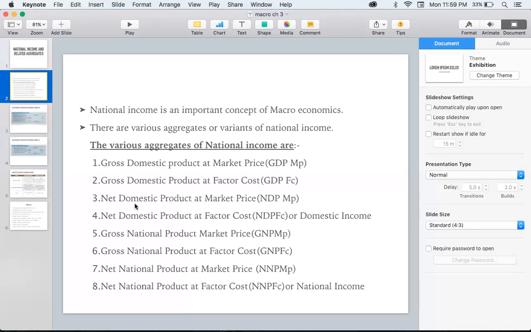In simple terms, if I am finding the net value of any aggregate, the depreciation will be subtracted. If I am finding the gross value, the depreciation will be added. If I am finding the net value, the depreciation will be subtracted. Is it clear for you? So the 8 aggregates you will learn by heart.